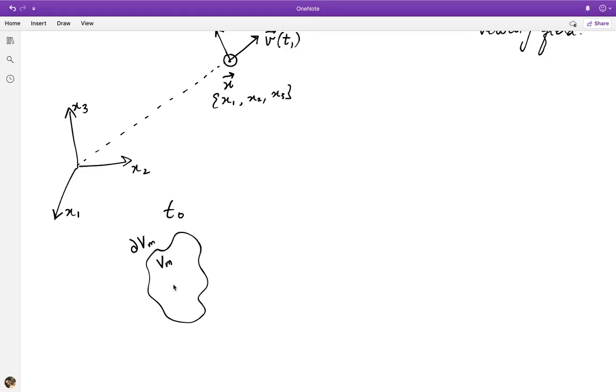So this material volume has points within it, and the idea is that at some time t0 we can use the spatial position of a point to label it essentially. So let's choose one representative point, and its label is going to be x0, where x0 is simply the spatial position at time t equal to t0, our reference time.